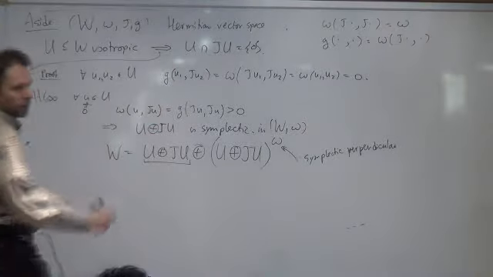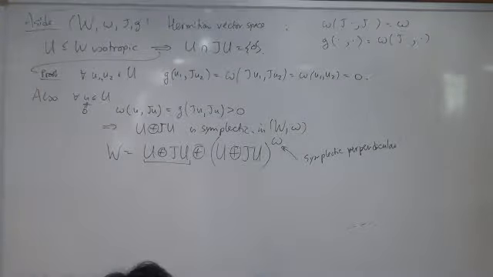Here's another complex subspace. They're all split. Is this okay? Or should I define symplectic perpendiculars? I haven't really done it. Yes, no? Going once? Going twice?